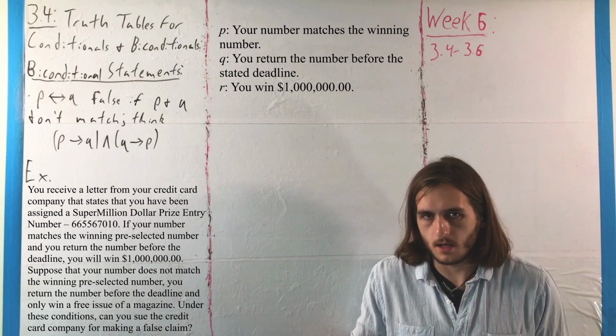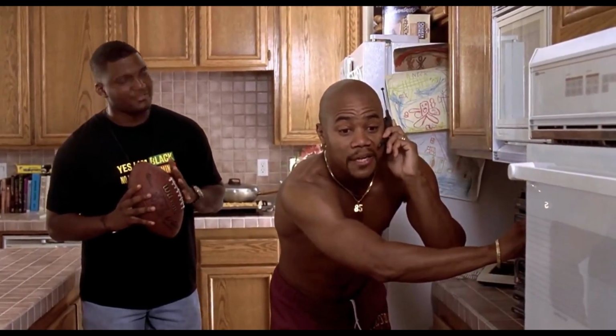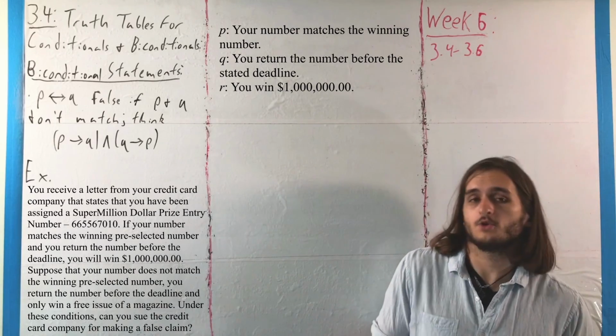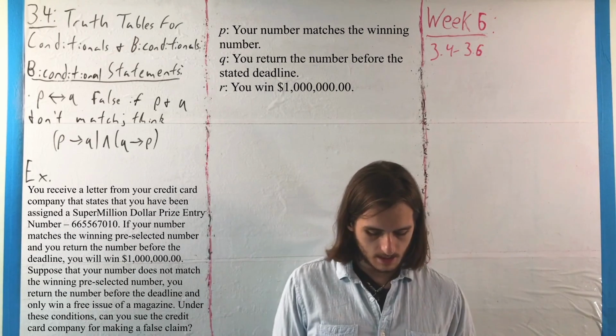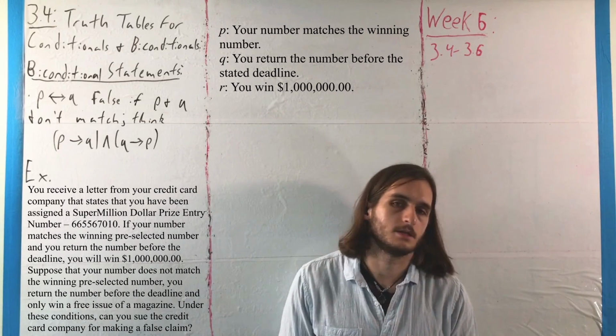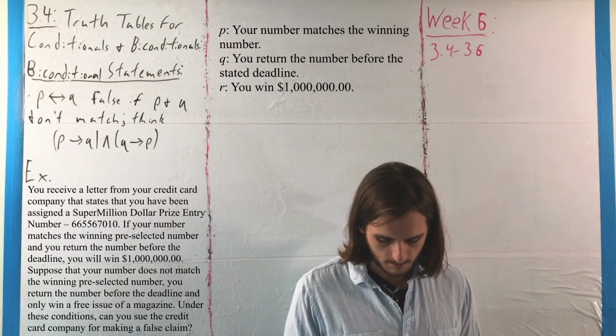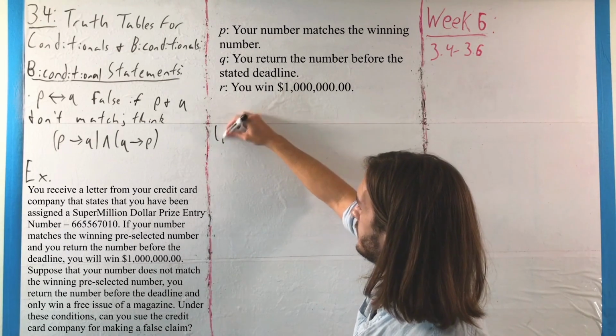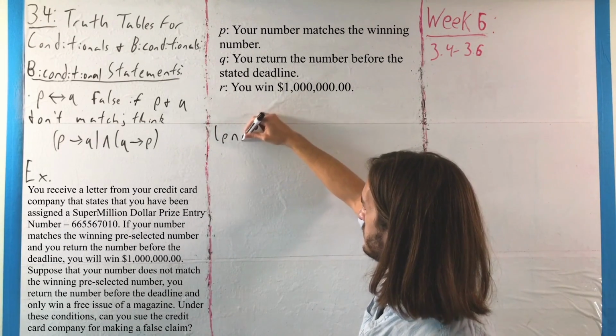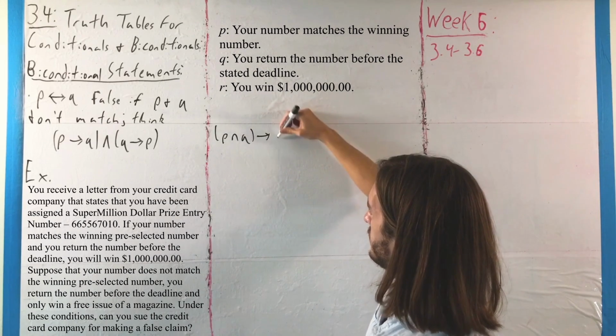You want the money. Show me the money. So we're going to see whether or not you should actually get the money. Based on the statement given by the credit card company, what we are given is something in the form if P and Q, then R.